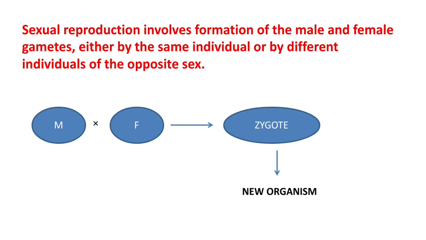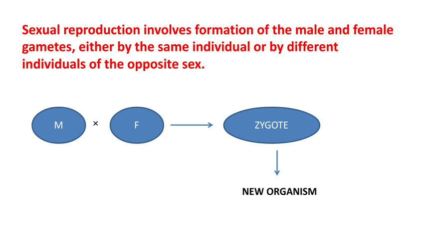Now, first of all, we should know what sexual reproduction basically is. Sexual reproduction involves the formation of male and female gametes. Now, in asexual reproduction, we have discussed that only one parent is enough to give rise to offspring.